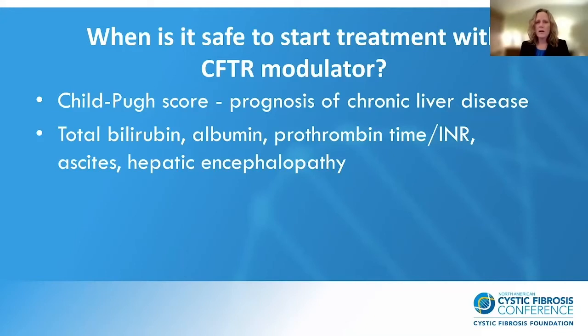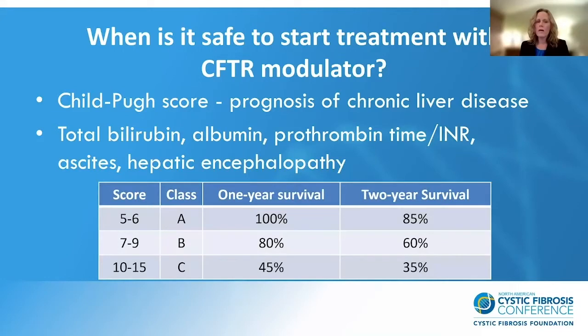These factors are added together, given a score, and then divided into classes with estimates of 1 and 2 year survival. You can see that class A has a very good survival rate corresponding with mild liver disease, and C has a very poor survival rate indicating very severe liver disease. It is important to note that most of our patients with CF who have liver involvement fall into a Child-Pugh class A.